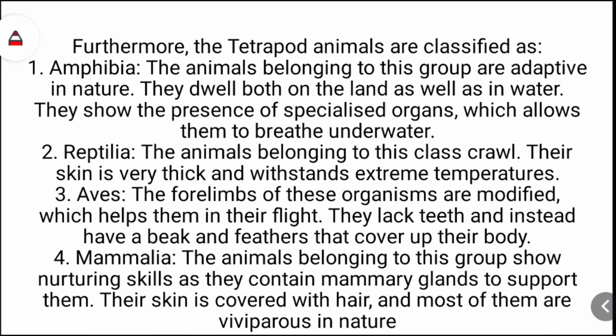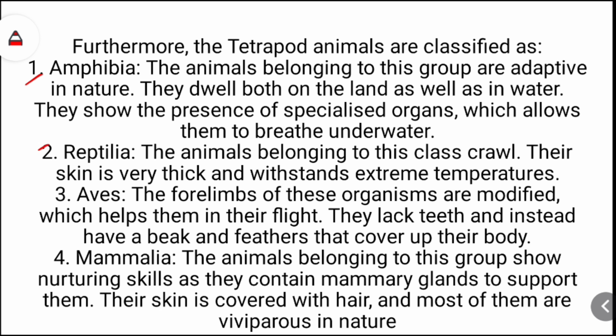Furthermore, the tetrapod animals are classified as amphibians. The animals belonging to this group are adaptive in nature. They dwell both on land as well as in water. They show the presence of specialized organs which allow them to breathe underwater.